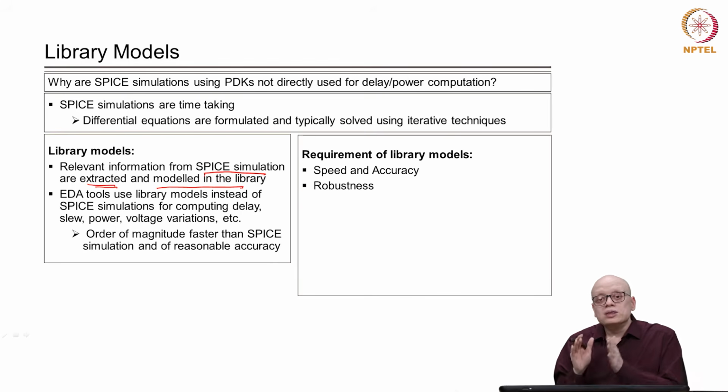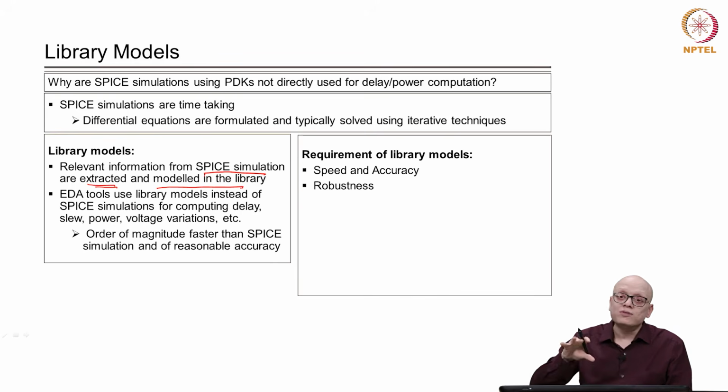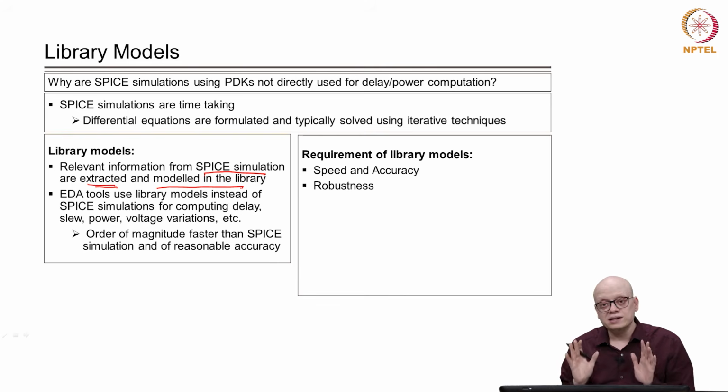The accuracy of the model should not be dependent on the instantiation or the environment in which we put our standard cells. The library models for these standard cells should work fairly accurately at all kinds of instances in our design.